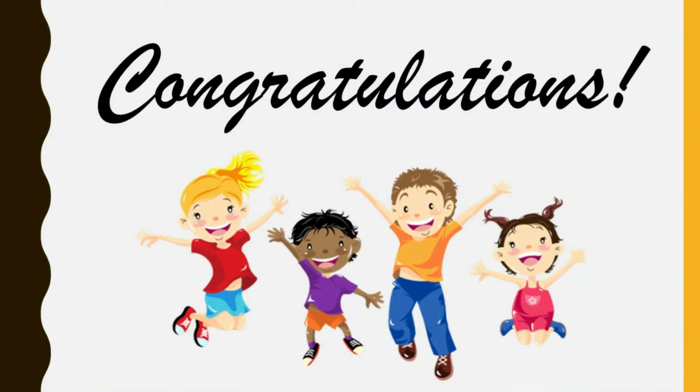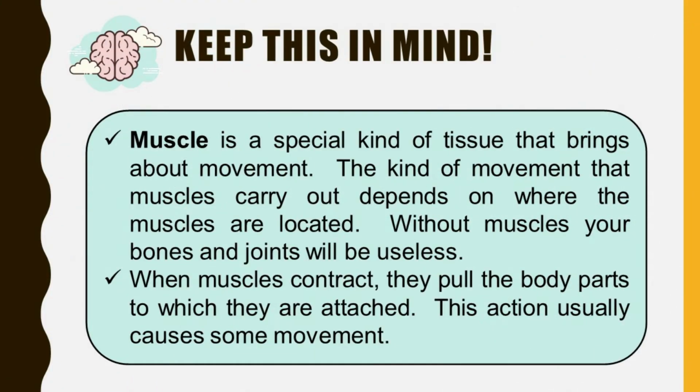Time is up. Congratulations kids for finishing the activity. Now, let us have the discussion about the muscular system. I want you to take note for the important details in your notebook and keep the following ideas in your mind. Muscle is a special kind of tissue that brings about movement.